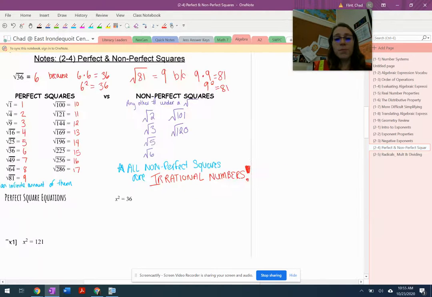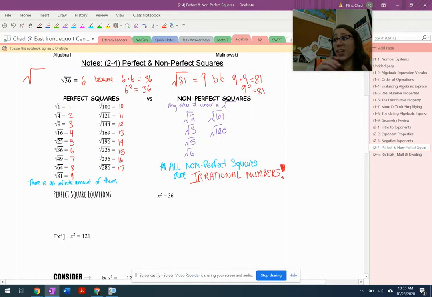Okay, cool. We'll look at perfect square equations next.